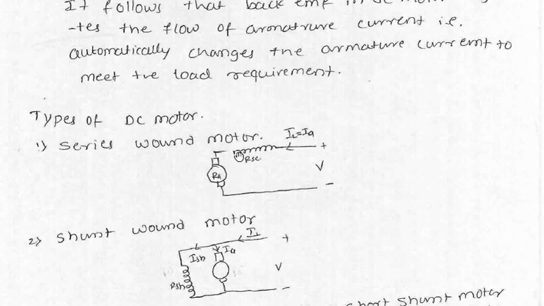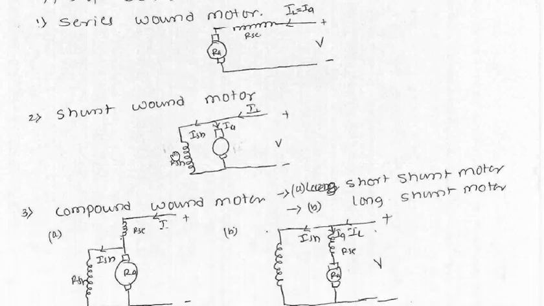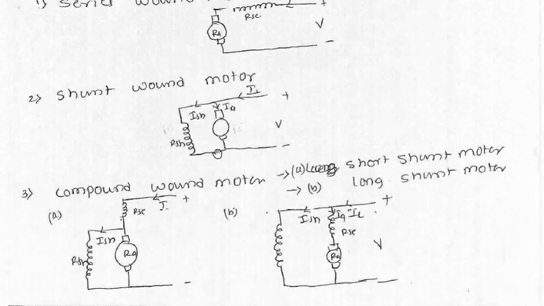If the field winding is connected in series with the armature winding, that is called a DC series motor. And if that particular winding is in parallel, now you can see the field winding is in parallel with the armature winding, we call it a shunt wound motor, or just shunt motor, DC shunt motor.